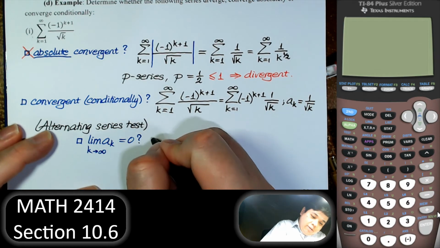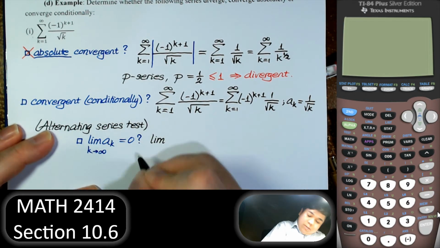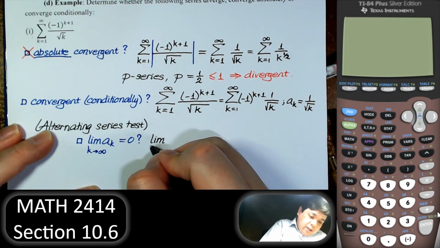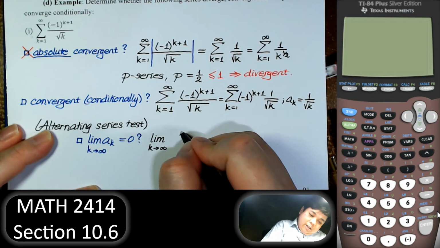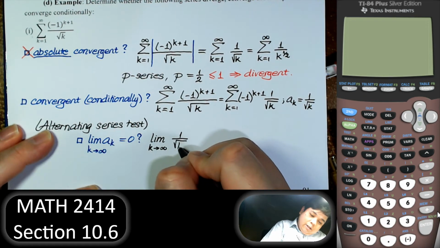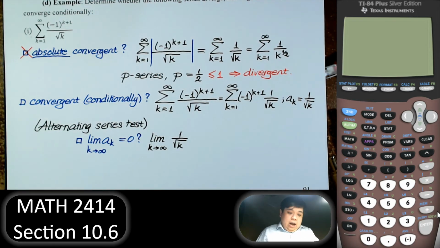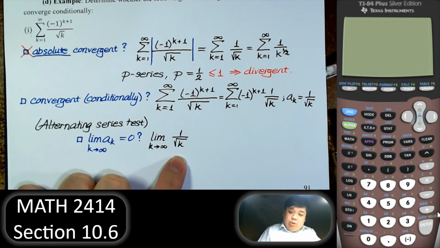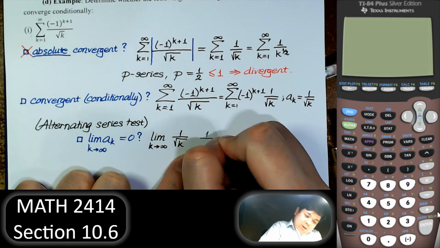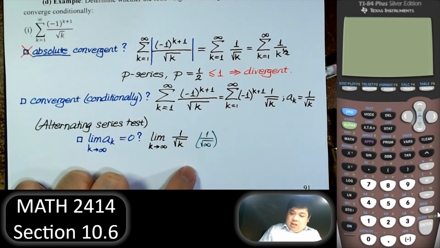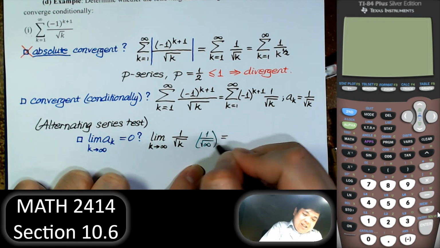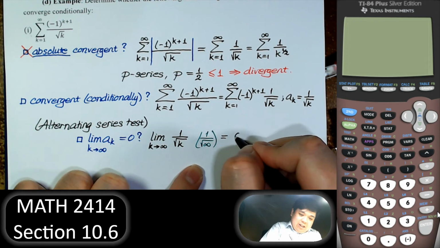As k goes to infinity, h of k is that. Of course, the square root of infinity is still infinity, so we have 1 over the square root of infinity. Of course, that still goes to 0, right?